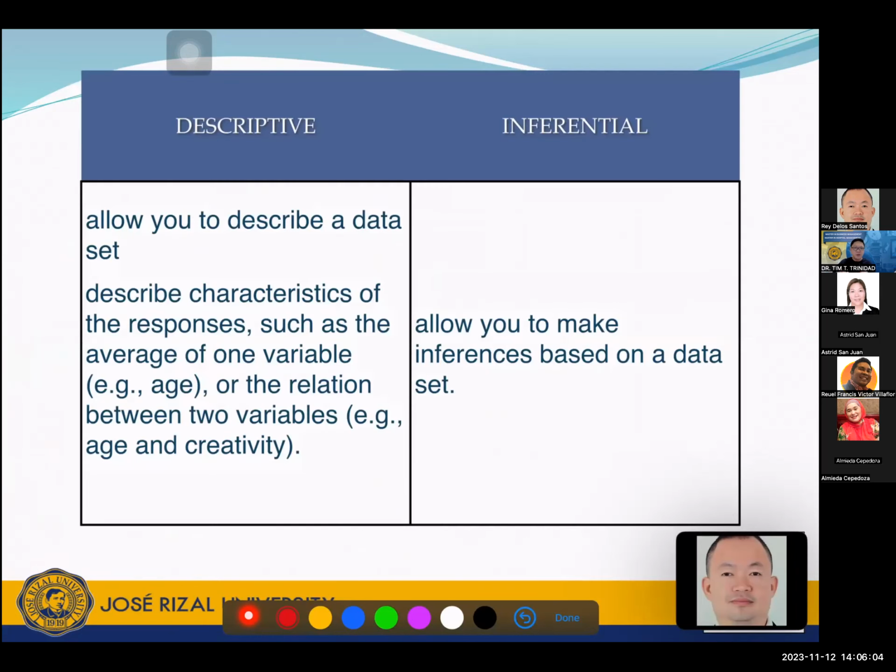Yes, sir. So now we have to differentiate at least what a descriptive and inferential is, para mas malinaw sa inyo. When you treat your information using descriptive statistics, you just have to describe your data set.